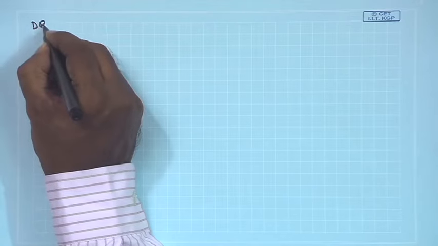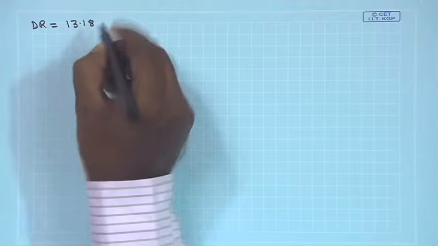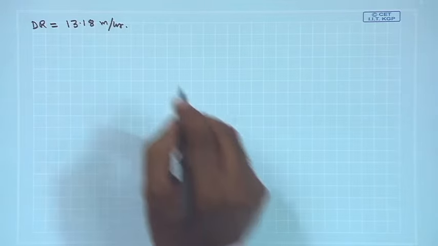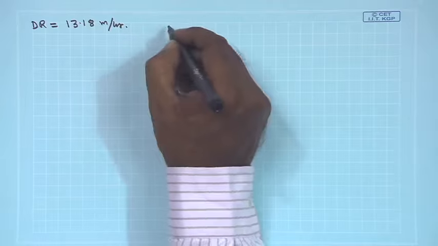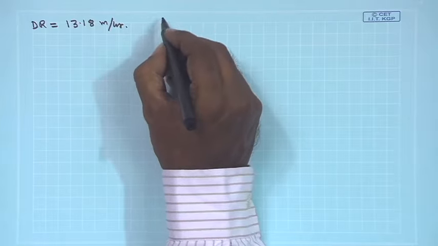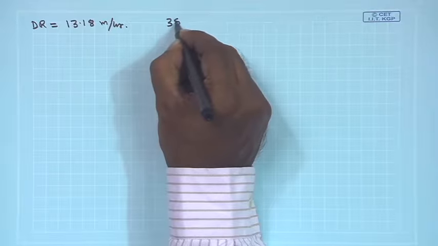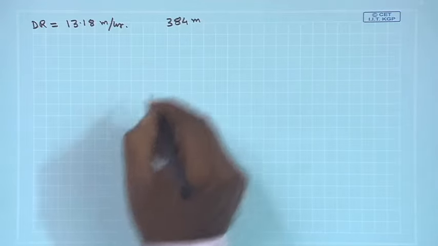The value of the drill rate, let me write it down again here, is 13.18 meter per hour, and let me write down some values from the previous sheet. The total drilling length requirement is 384 meter.